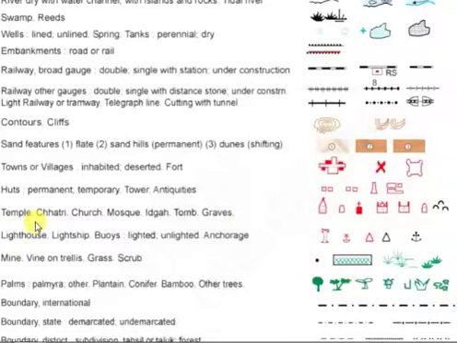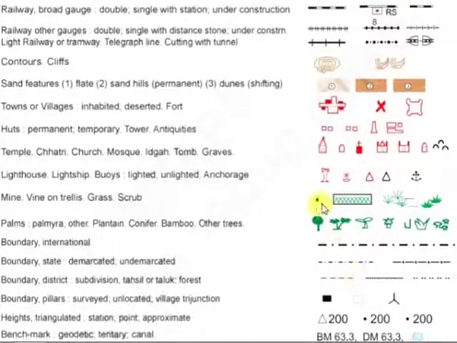These are different artificial settlements that can be present on a topo sheet, like temple, church, mosque, tomb, graves. This is a lighthouse, this is a mine, grass, scrub. These are types of trees like palmyra and other trees, plantain, conifer, bamboo and other trees.